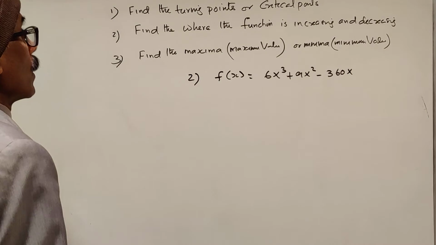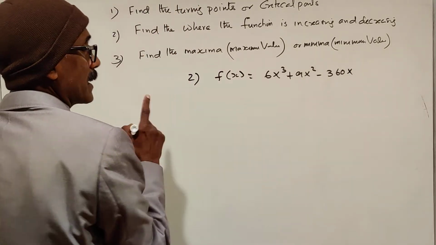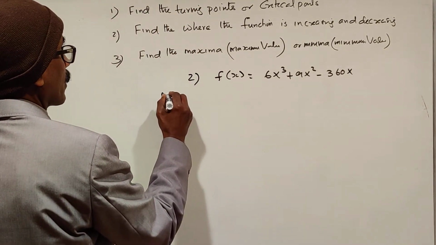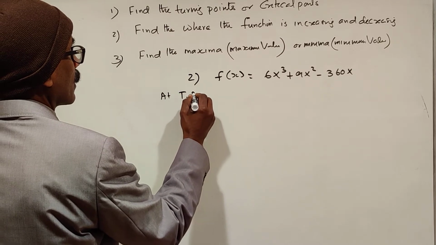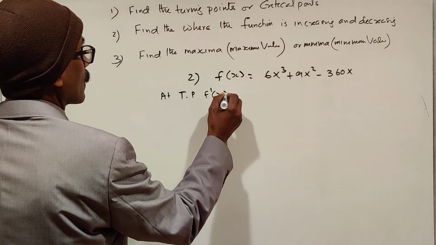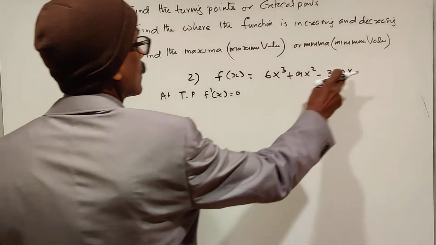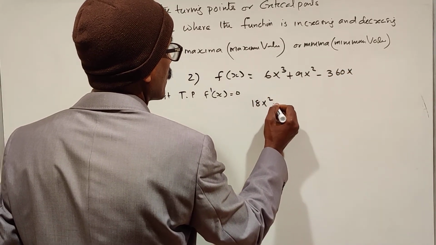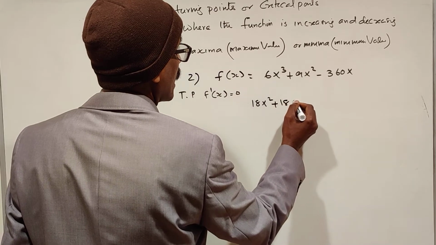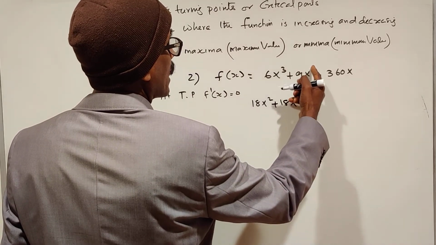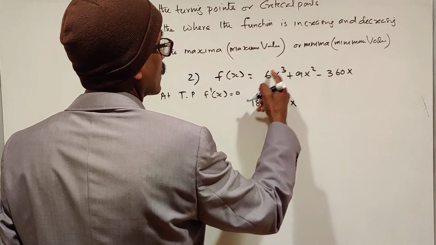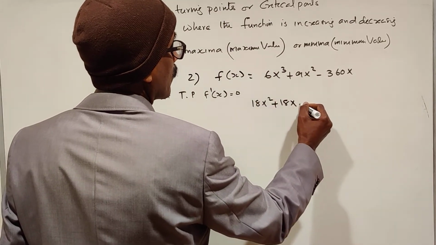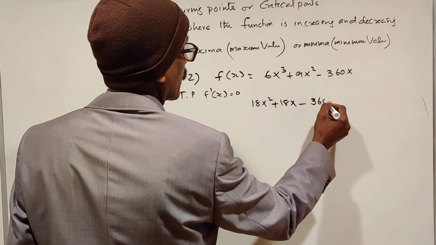Okay. First the turning point. At the turning point, f dash x equals 0. So this one should be equal to 0: 18x square plus 18x, 9 into 2, 18x, 6 into 3, 18x square, minus 360.